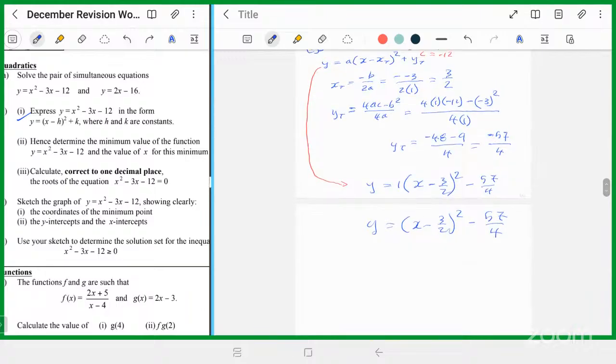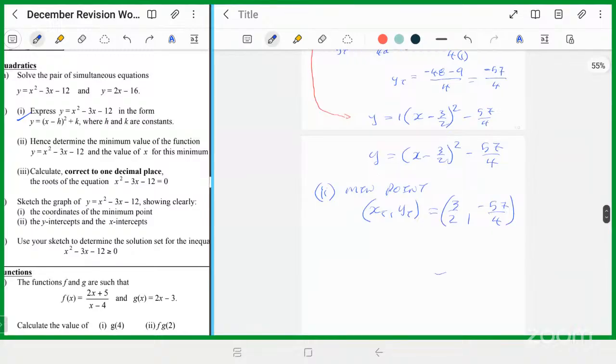So from this function, the minimum point is xt, yt. Those are the values that we calculate. So the xt is 3 over 2 up here. And the yt is negative 57 over 4. Now, this yt value happens to be the lowest y value on the graph.